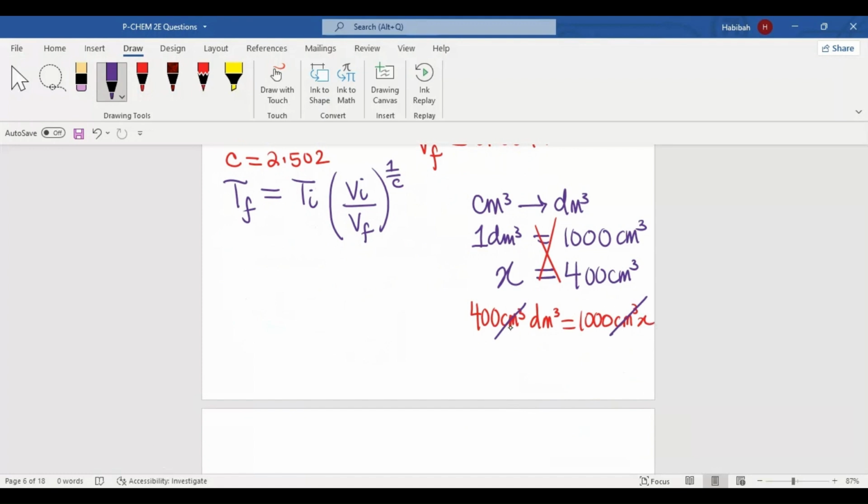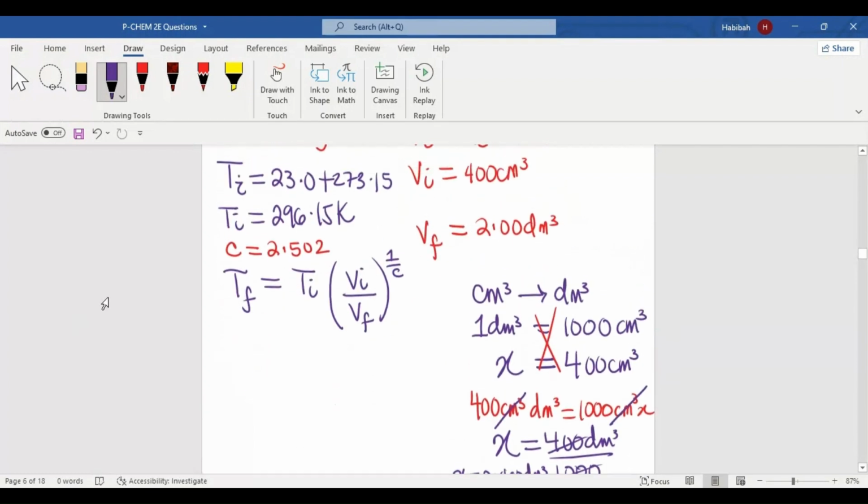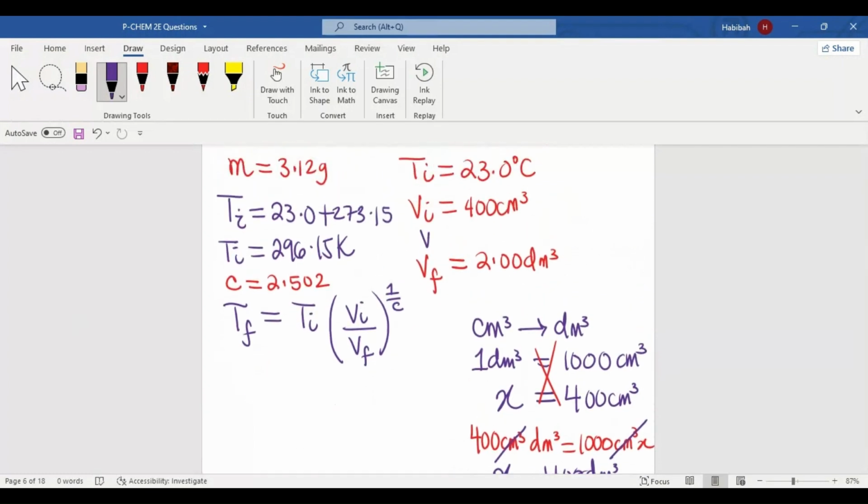So we have to cancel this. And also, both units are on both sides of the equation. So that will be x equals 400 decimeter cube divided by 1,000. So that's just going to be x equals 0.400 decimeter cubed. So our initial volume, V initial, is actually going to be 0.400 decimeter cube. And this is what we're going to be substituting in this particular equation.